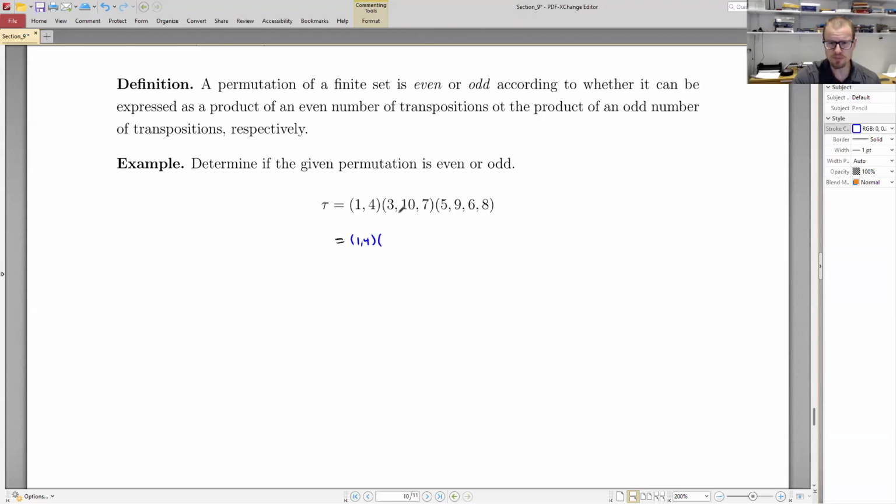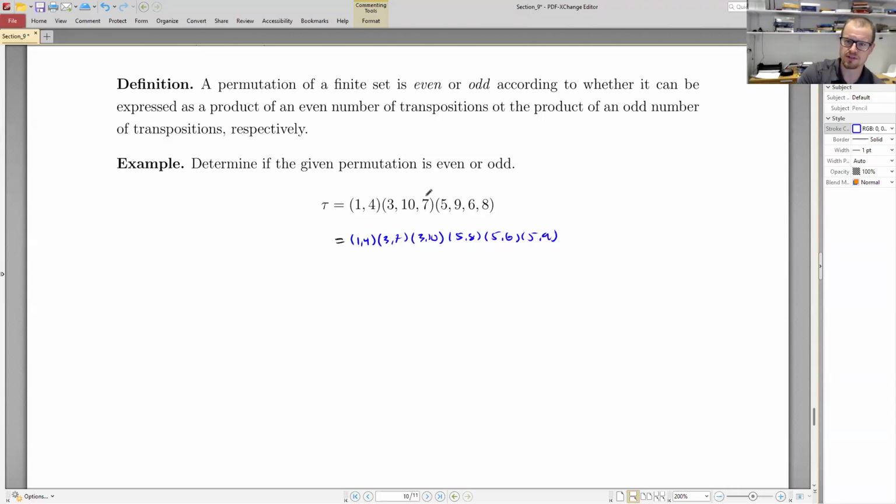So the book says that (3,10,7) should be written as (3,7)(3,10), and then (5,9,6,8) should be written as (5,8)(5,6)(5,9).